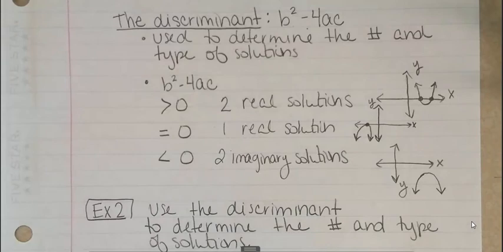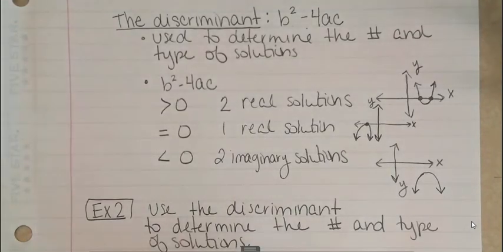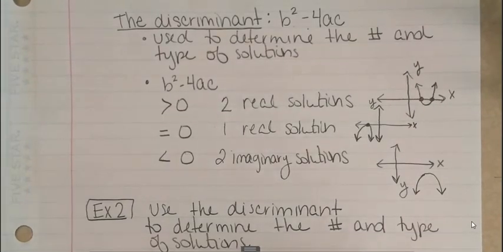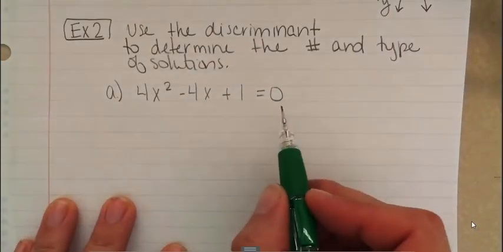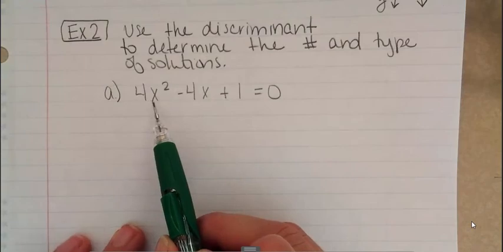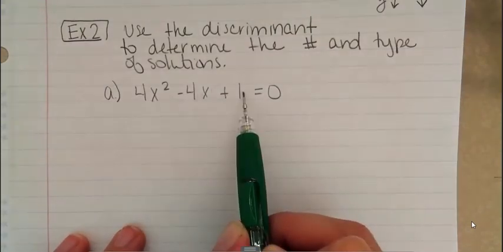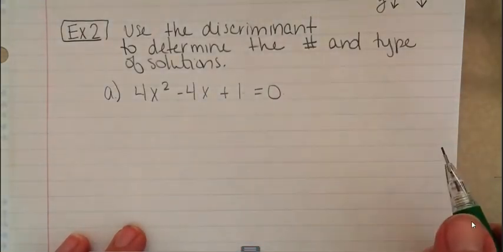So let's do our first one here, A. So if I have 4x squared minus 4x plus 1. Now remember, everything that we're doing, things need to be in standard form. Okay, so 4x squared minus 4x plus 1 equals 0. That is in standard form.